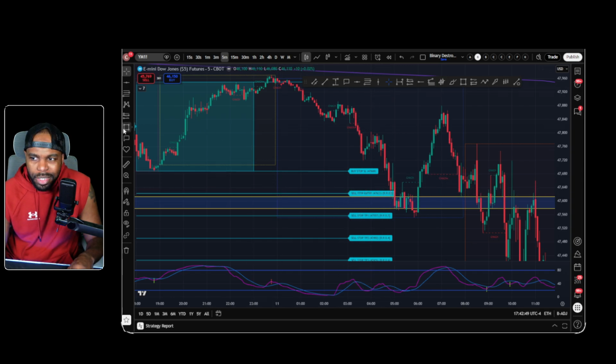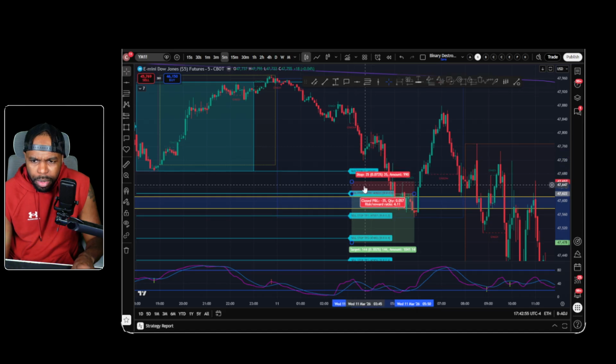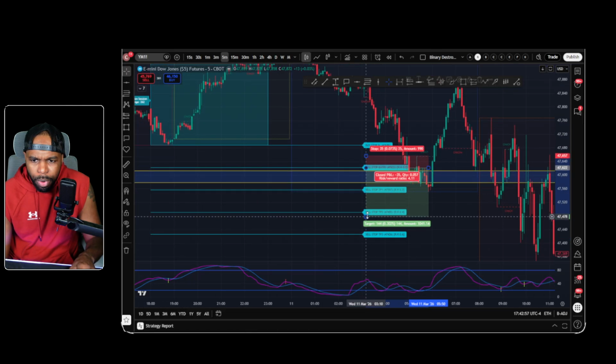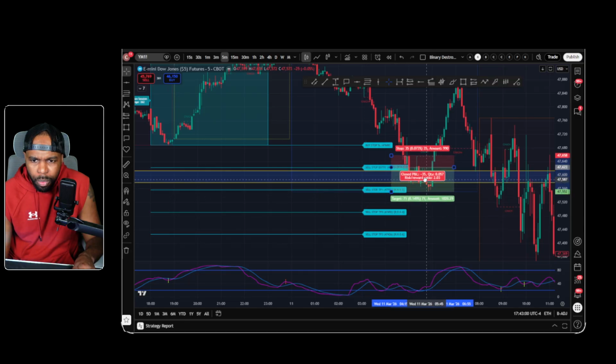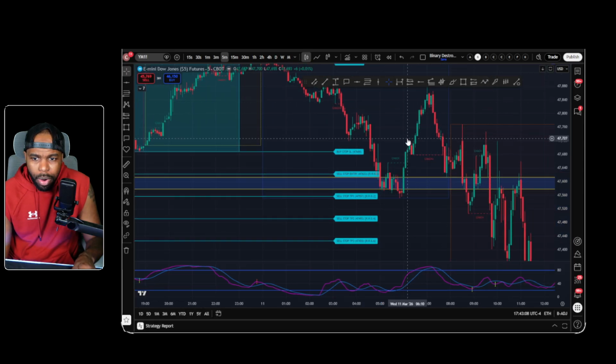But I wouldn't even set my pending order here. Why would I want to set my pending order here? Right? And price is already at a zone right here. Why would I do that? I wouldn't even target TP. I wouldn't even do this because price is above this zone right here. Price did just like this, came right into the zone and shot up.